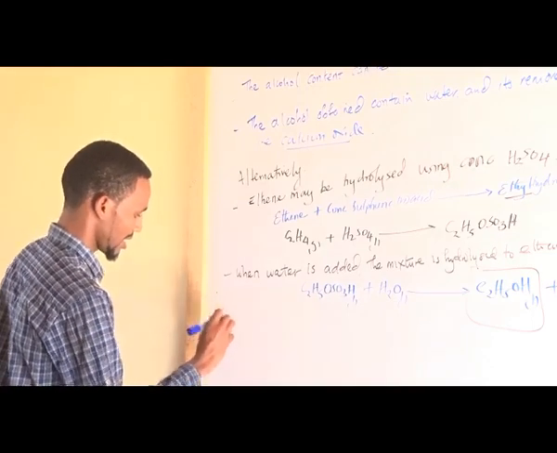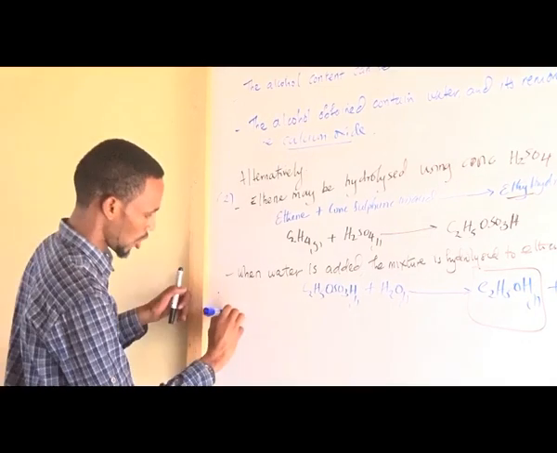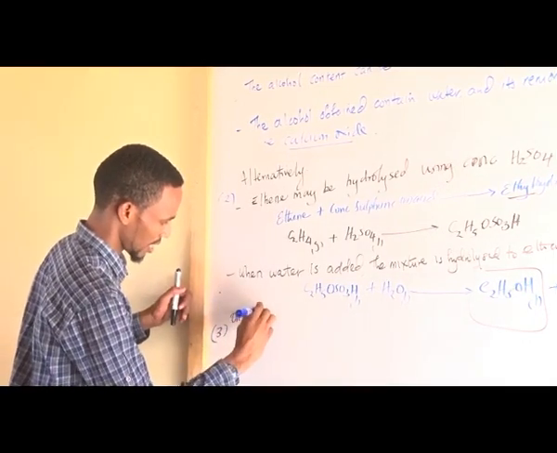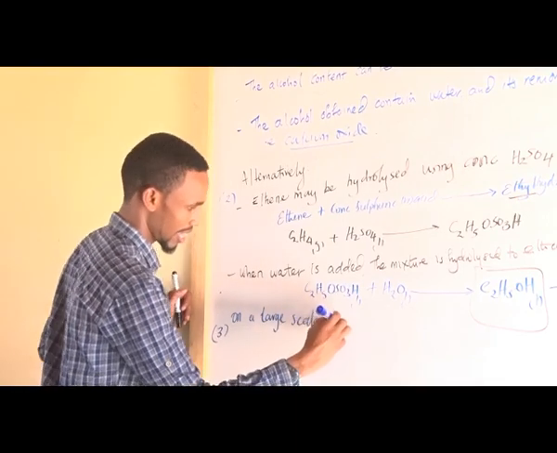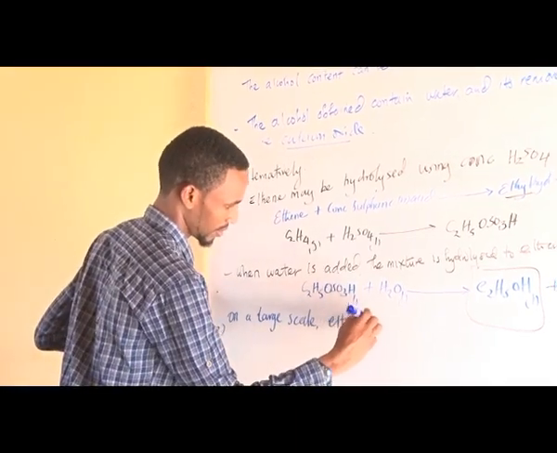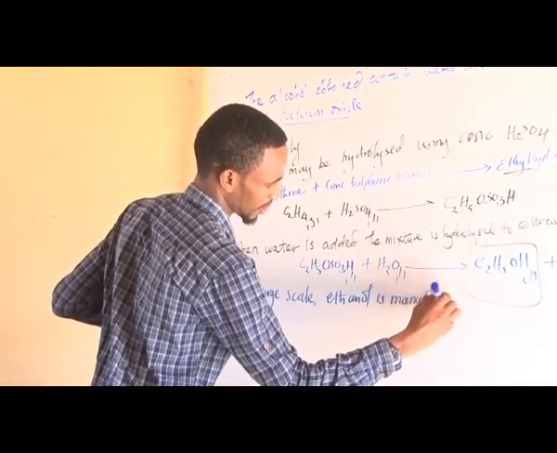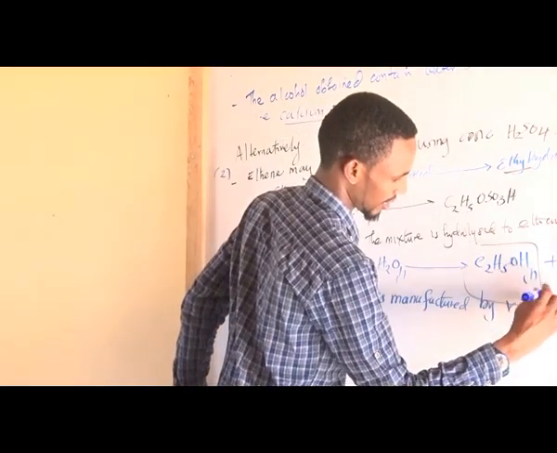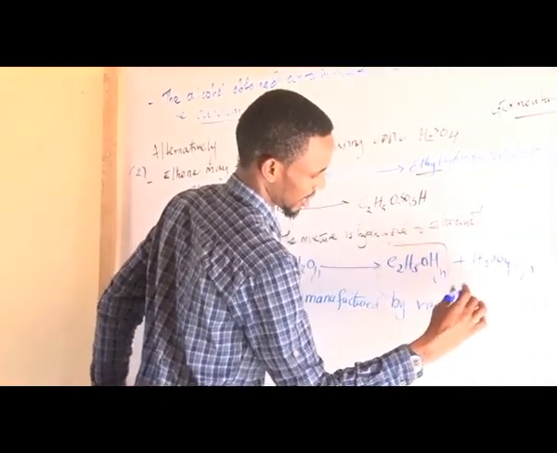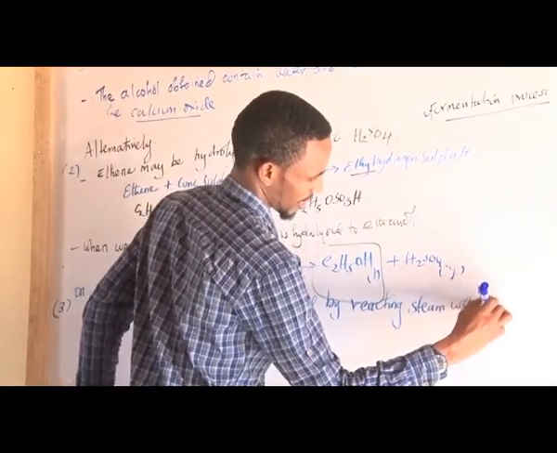third one now, this is alternative number three. On a large scale, ethanol is manufactured by reacting steam with ethene.